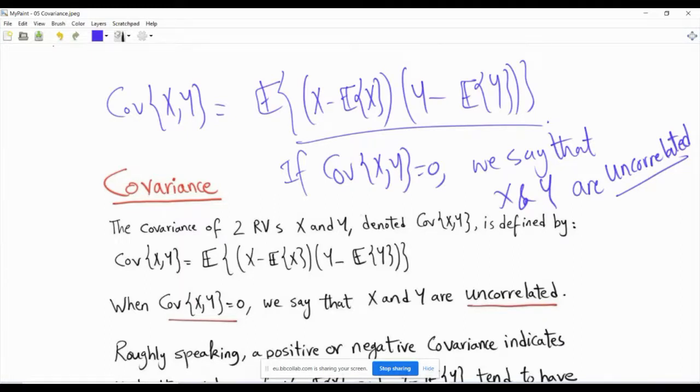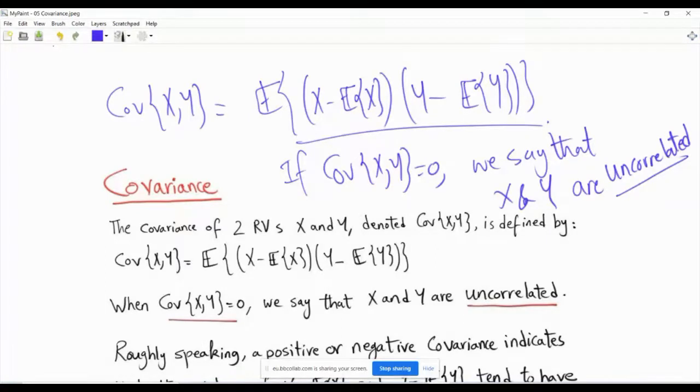Maybe in the next slide, or later in this lecture, we will see the relationship between independence and uncorrelatedness. I'm getting ahead of myself, but if two random variables are independent, then they are guaranteed to be uncorrelated. The converse is not necessarily true. Independence implies uncorrelatedness.